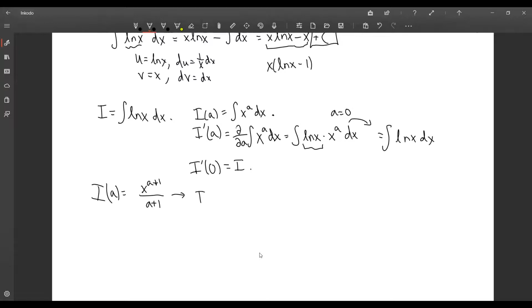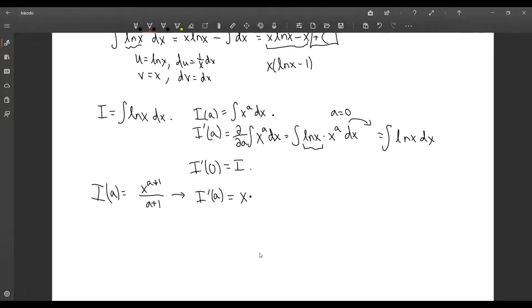Now notice we have this x to the a plus 1. That's an x to the a times x, and that x is a constant with respect to a. So I'm going to take that term out, and then we have x to the a over a plus 1.